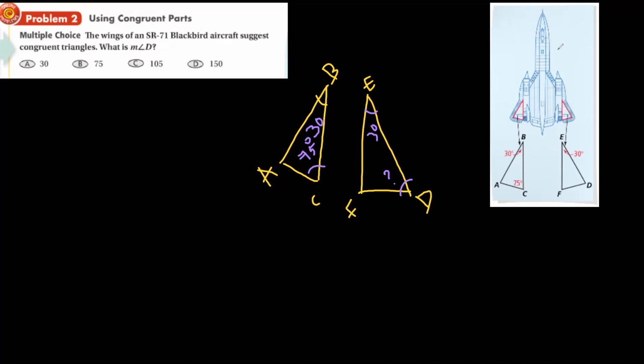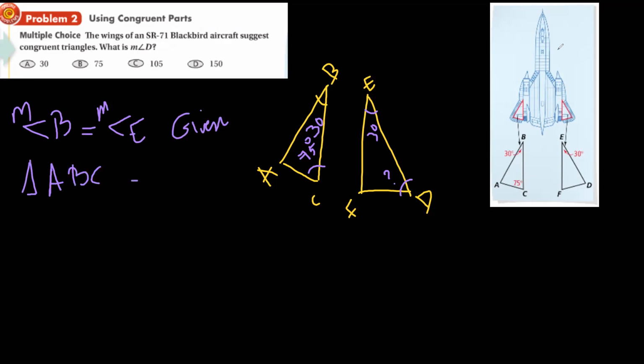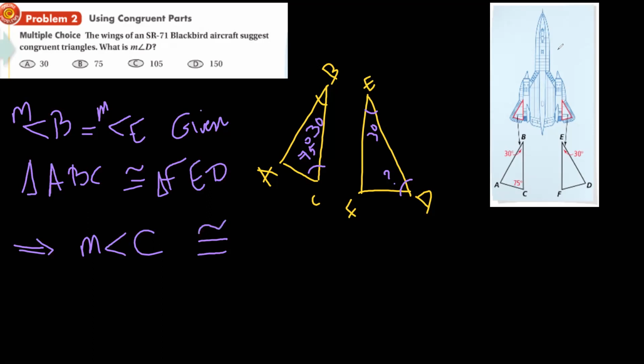Since the measure of angle B is equal to the measure of angle E, and since these are given, and since the triangle ABC is congruent to the triangle FED, I can say that the measure of the angle C is congruent with the measure of the angle D.